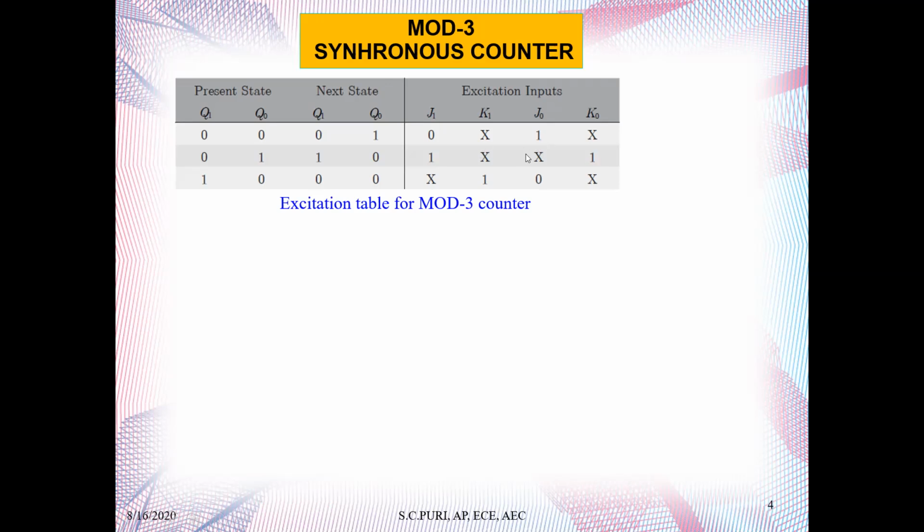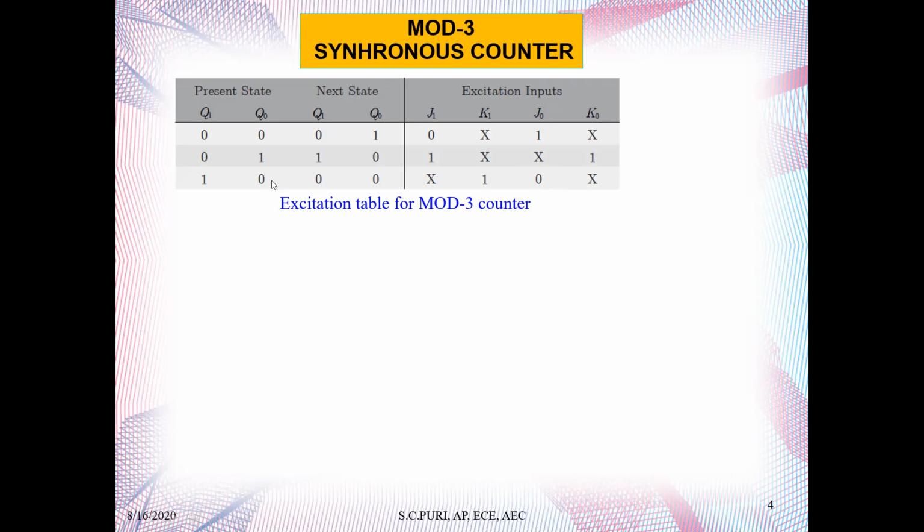So what is don't care here? I'm just repeating it, maybe it is there in your mind. Don't care means whatever may be the value of J, if K is 1, this condition will be omitted. That's the meaning of that.